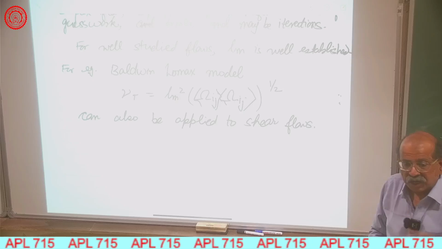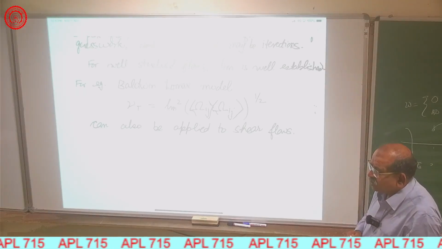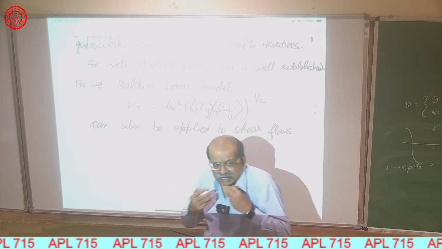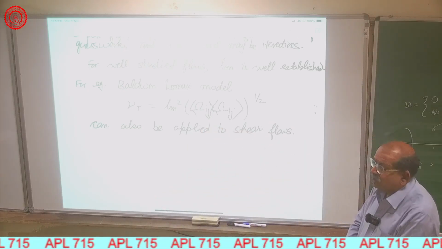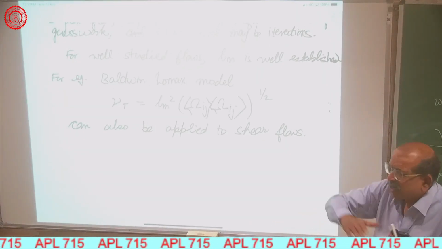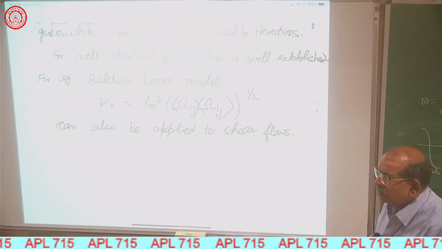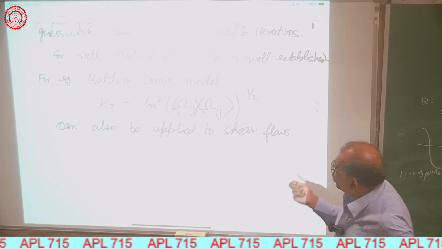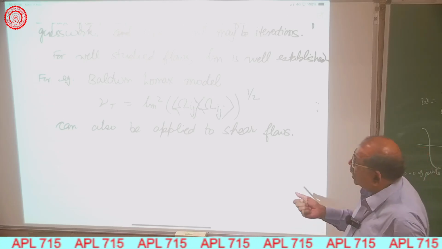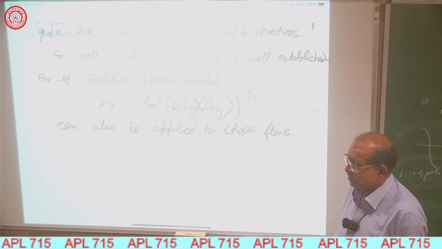So even if you model it on the basis of large scale, you will get some physics. But the question is, is there some way we can directly get a turbulent quantity involved in this model? Right now, even the Lm depends on the geometry of the flow. You take it as distance from the wall or radius of the pipe, which is not so related to turbulence. So can we get some turbulence quantity directly involved?